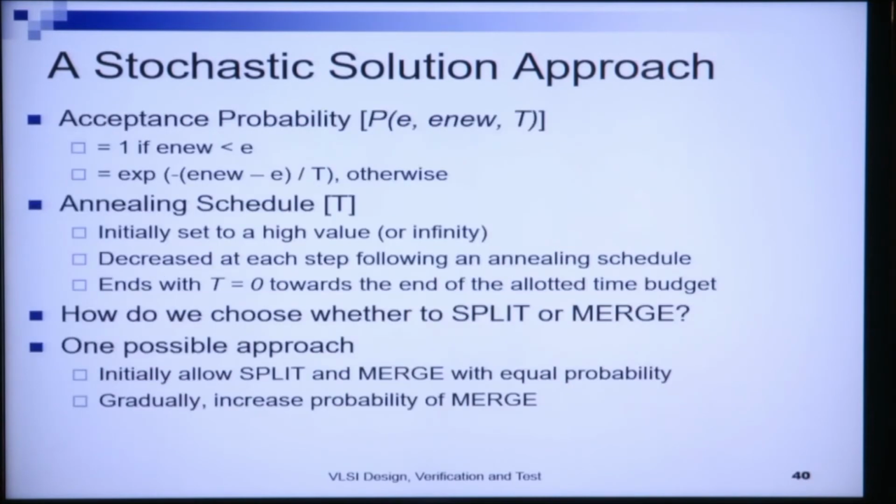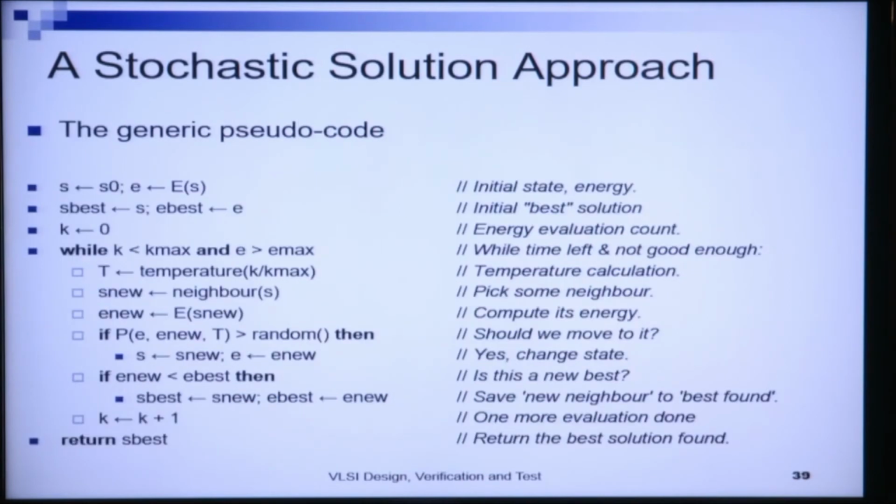So how is this acceptance probability calculated? P of E comma E new comma T is equal to 1 if E new is less than E. So I always accept the new solution if it has a lower cost than the current solution. Otherwise I may still accept the new solution, provided this value is higher than the random value here.